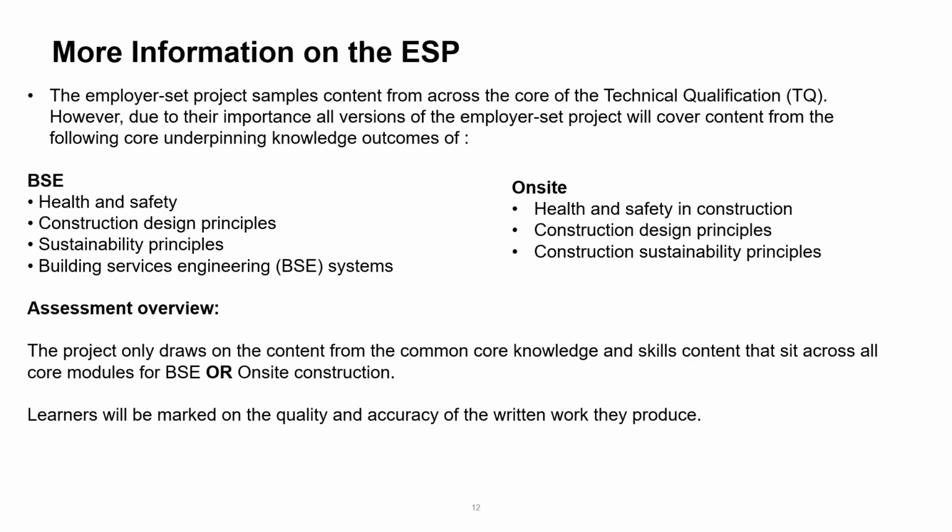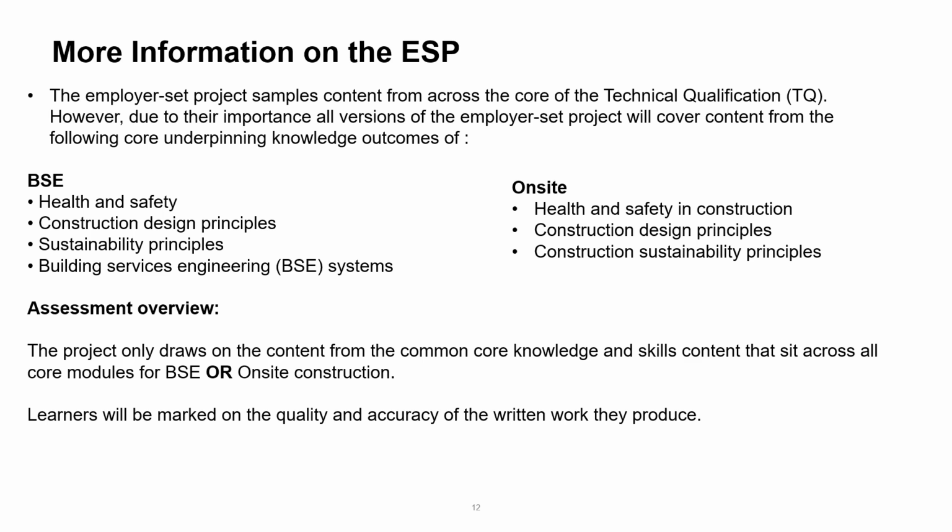So if we look at where it draws information from, all versions of the ESP, regardless of which version you have, will always contain these same subjects. For BSE, you can see it's health and safety, construction design principles, the same as Onsite.